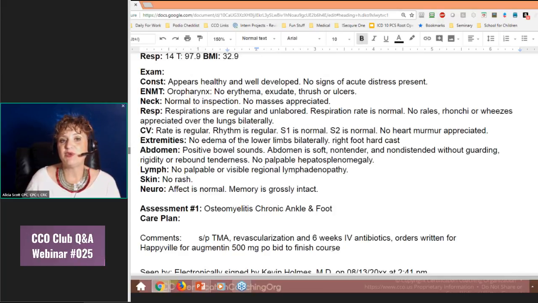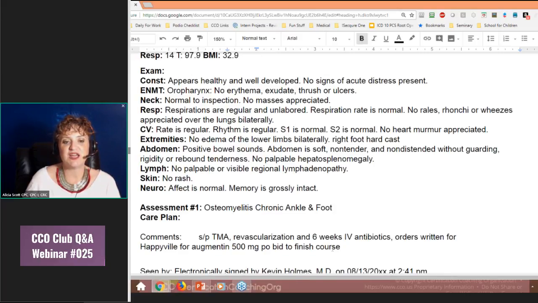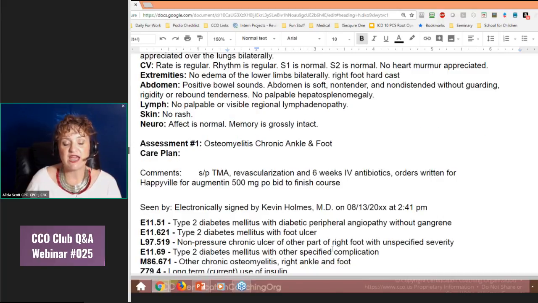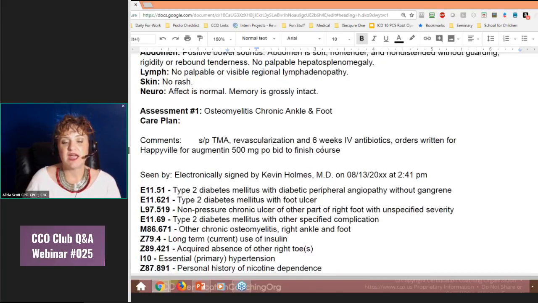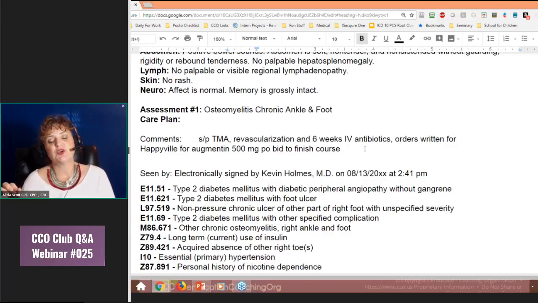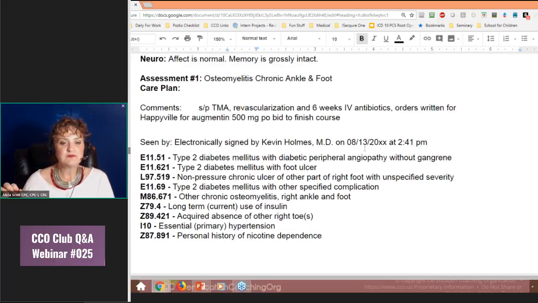All right, now we get to look at the codes. We already looked at the electronic signature. We verified. We definitely have the TMA, the amputation and stuff. So what do we get to code for? Yay! These are the codes that were pulled out.